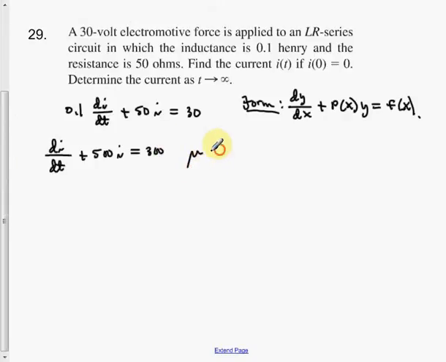We said mu is equal to e to the integral of this p of x, which is just 500, with respect to t, so dt, and we integrate that. This gives us e to the 500t. So that becomes an integrating factor.